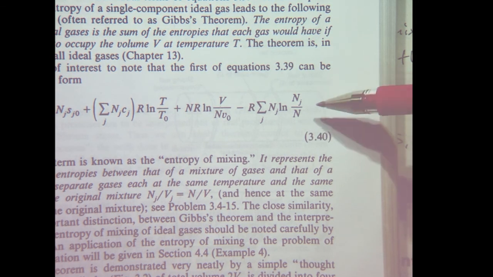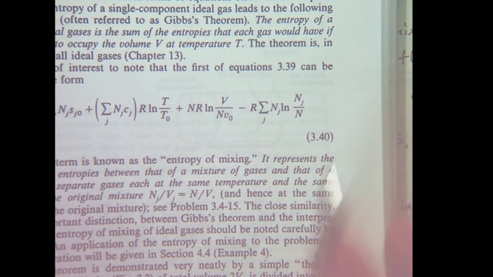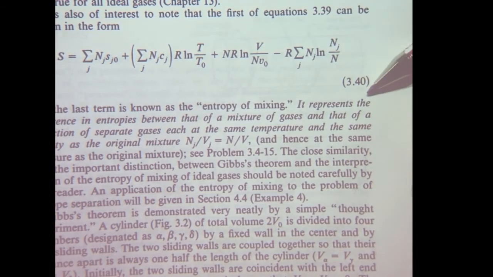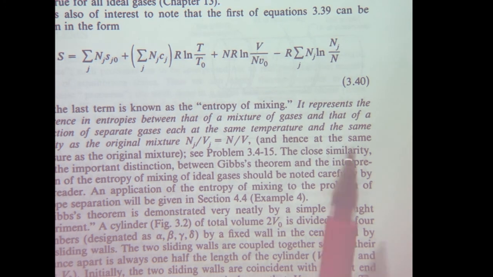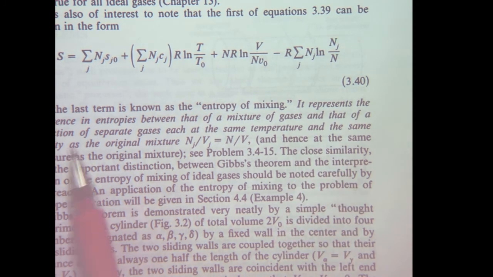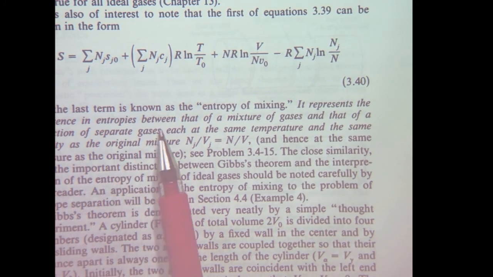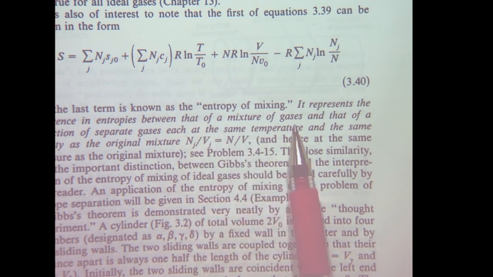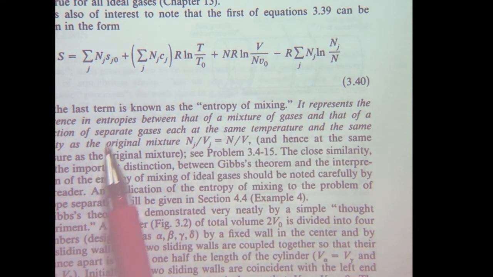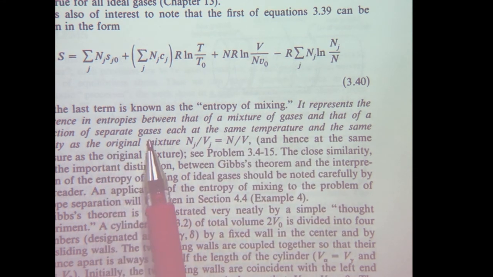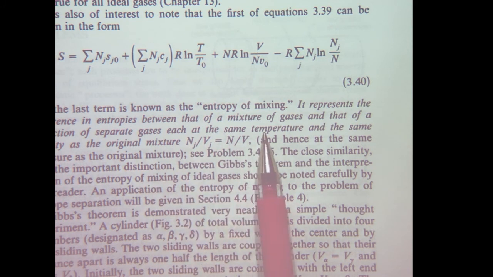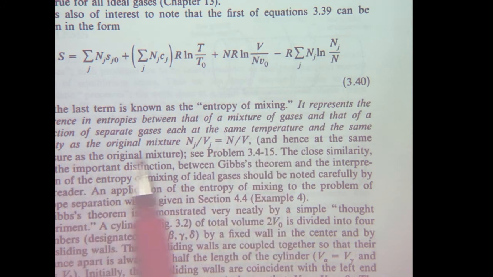Entropy of mixing. Callen's description of it is that it represents the difference in entropies between that of a mixture of gases and that of a collection of separate gases, each at the same temperature and the same density as the original mixture.